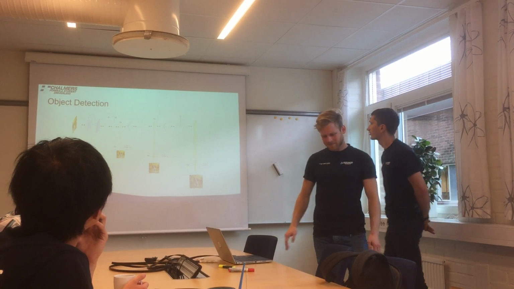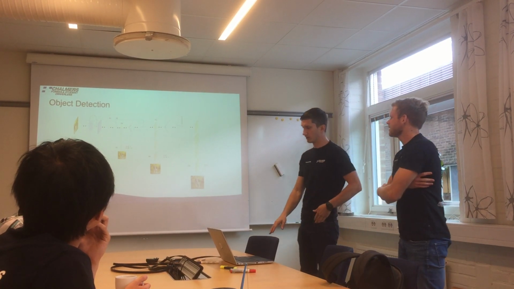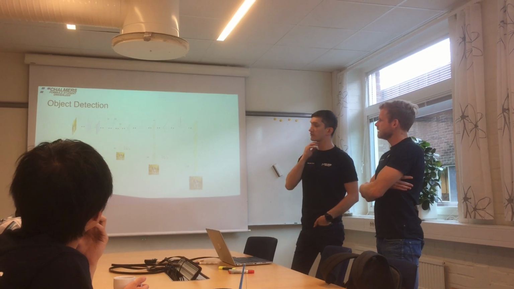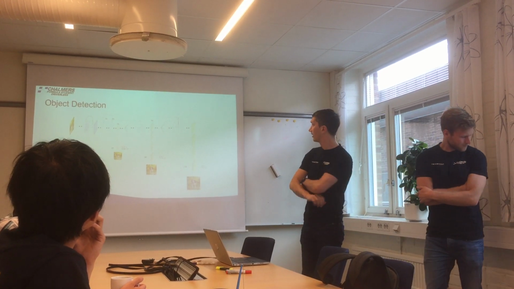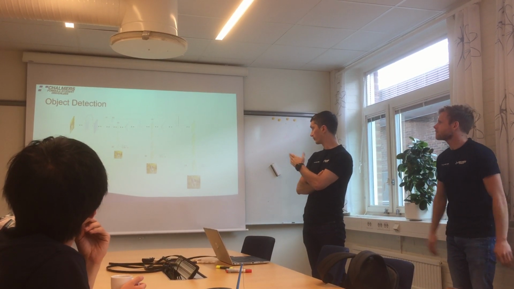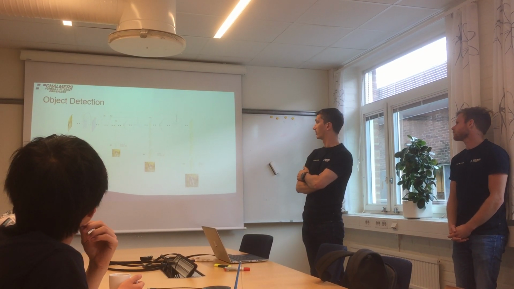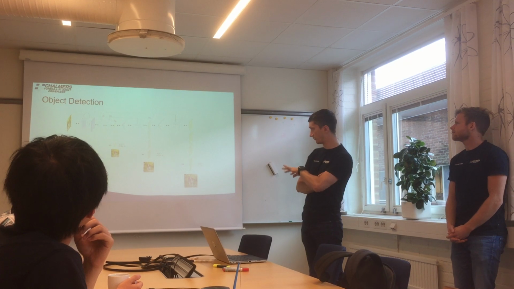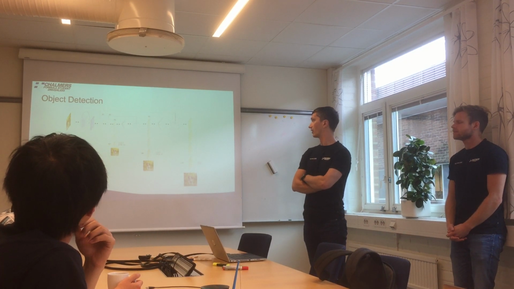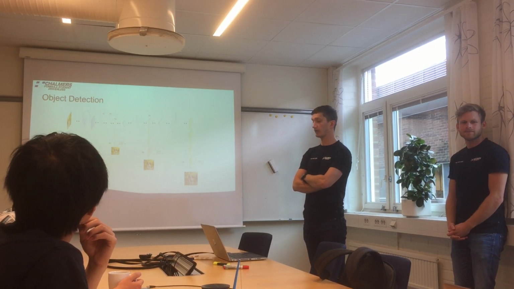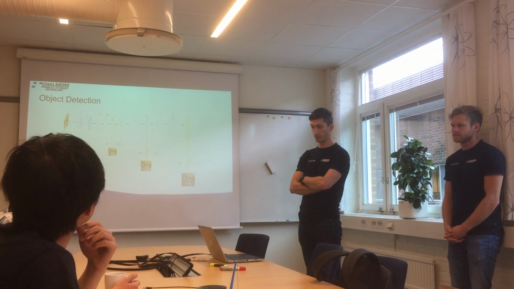Okay, so for object detection we chose to use the YOLO network, which stands for You Only Look Once. The full version is presented here. It has 120 layers with three YOLO detection layers. But this kind of network is too big for us.